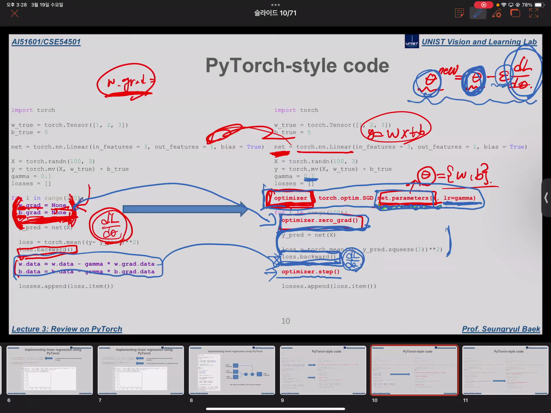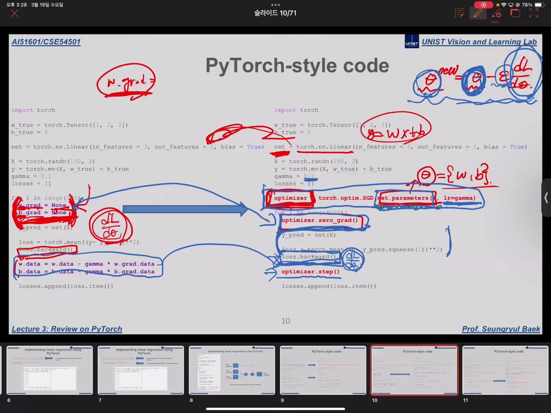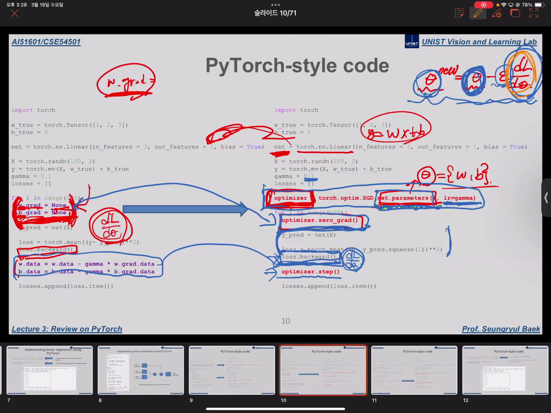Then for this formula, the only thing you didn't know was this part, okay? You already know this from this parameter list, and know this by initializing it with the learning rate, but you didn't know this dL/dθ. But after calling this loss.backward, you become to know about that.